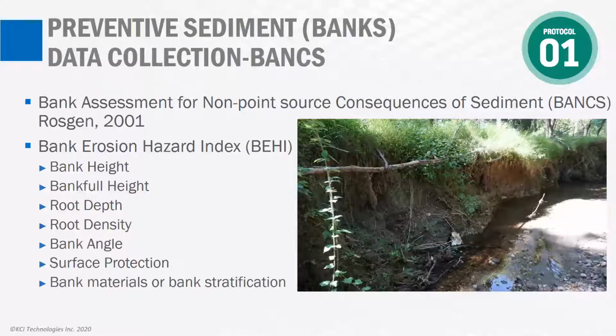BEHI is a method for estimating stream bank erosion potential based on different physical characteristics such as bank height, root depth, root density, and all of those characteristics need to be measured in the field. The field measurements are converted to numerical scores, which I'm really not going to get into detail on because Rosgen's 2001 paper really explains how that data is used. But in the end, the numerical score is used to determine a narrative rating for each individual bank segment, and then those range from very low to extreme erosion potential.